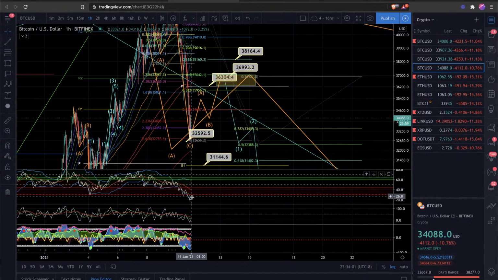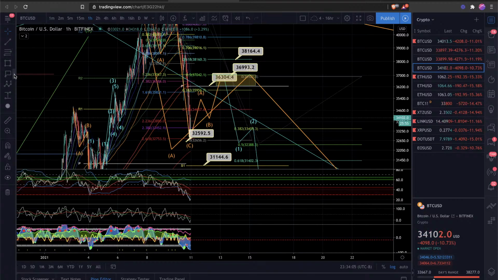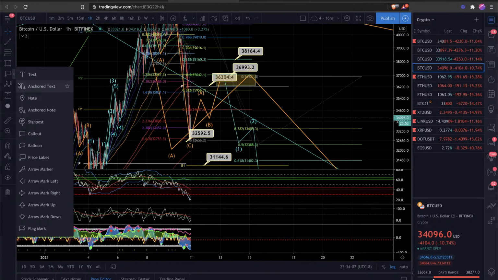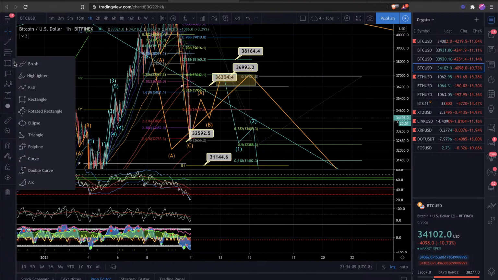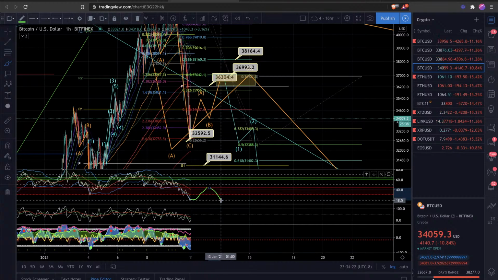What I would like to see ultimately, on the RSI specifically, is the RSI come back up and potentially hit the top of the bearish control zone, and then get rejected again and come back down.